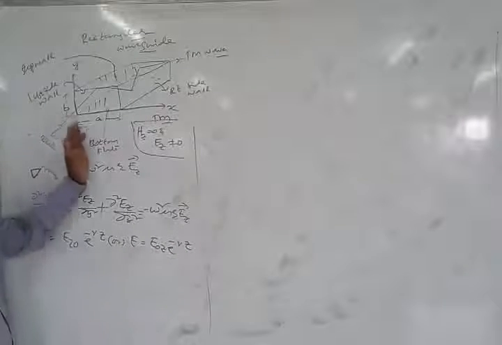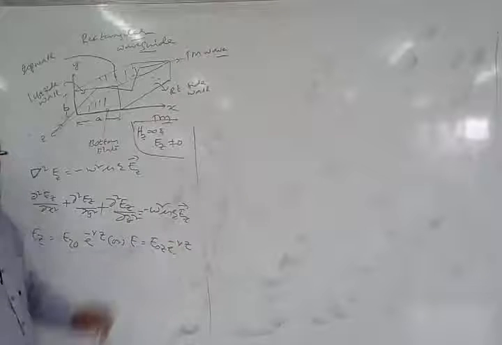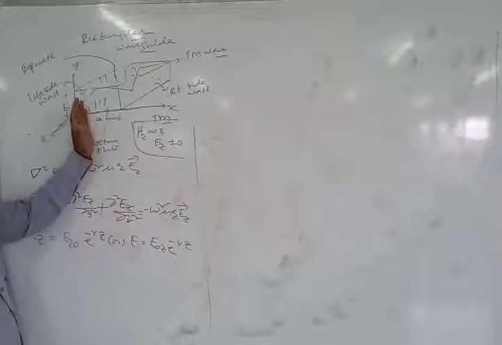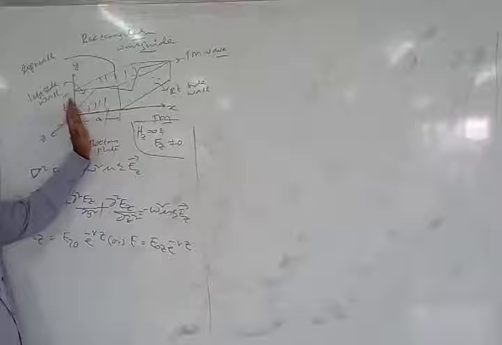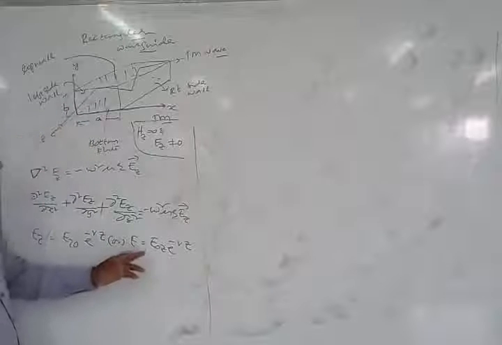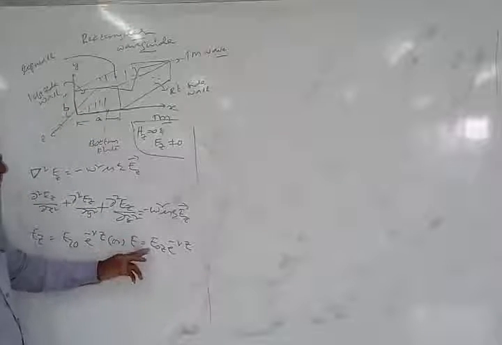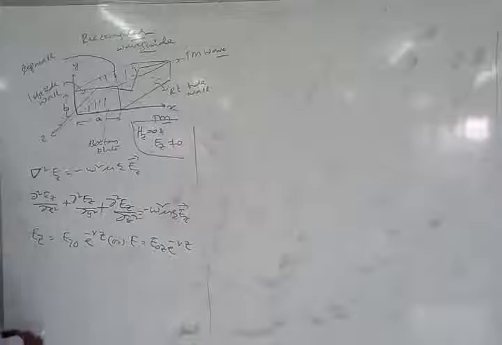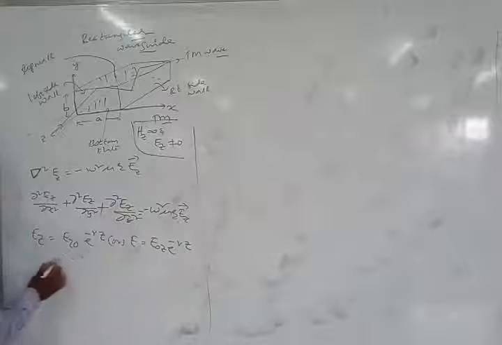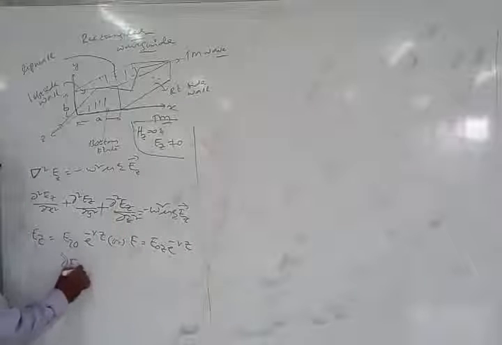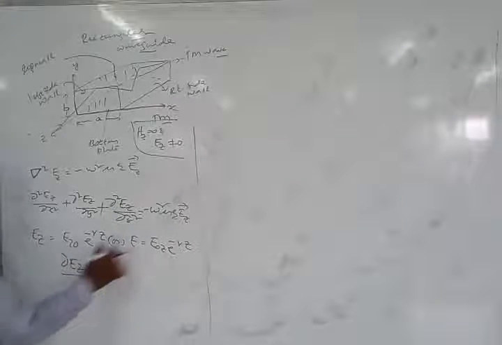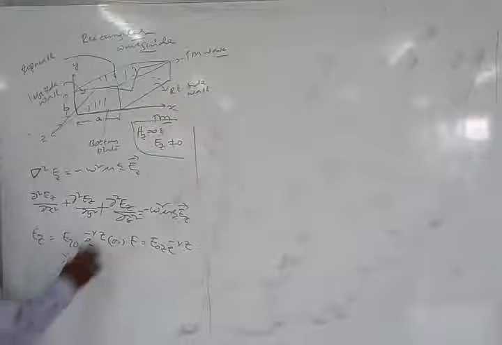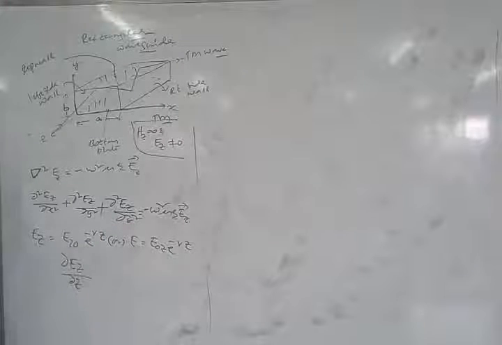If it is positive, we multiply with e power minus gamma z; if it is towards the negative z axis, we multiply with e power plus gamma z. That is what we have to remember here. Okay, now let us differentiate this equation. Dou Ez by dou z I want.